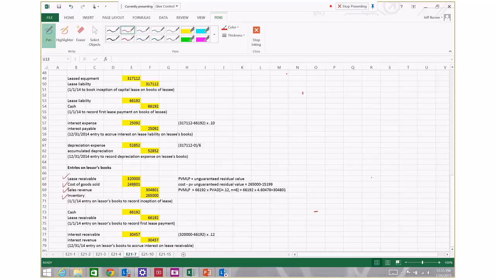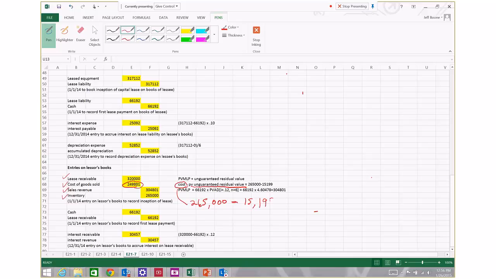Okay, the debit to the cost of goods sold account here is going to be equal to the cost of the asset to the lessor of $260,000 minus the present value of the unguaranteed residual value, which is $15,199.